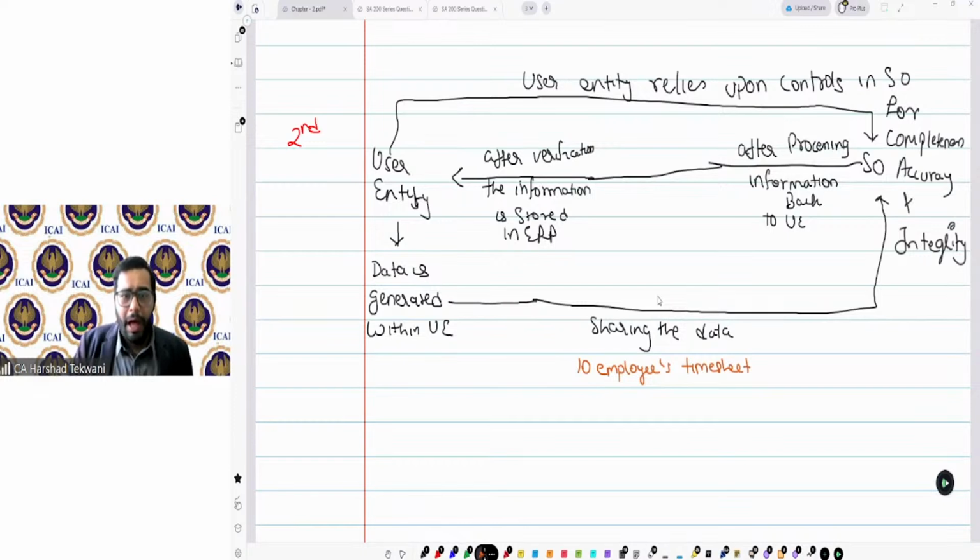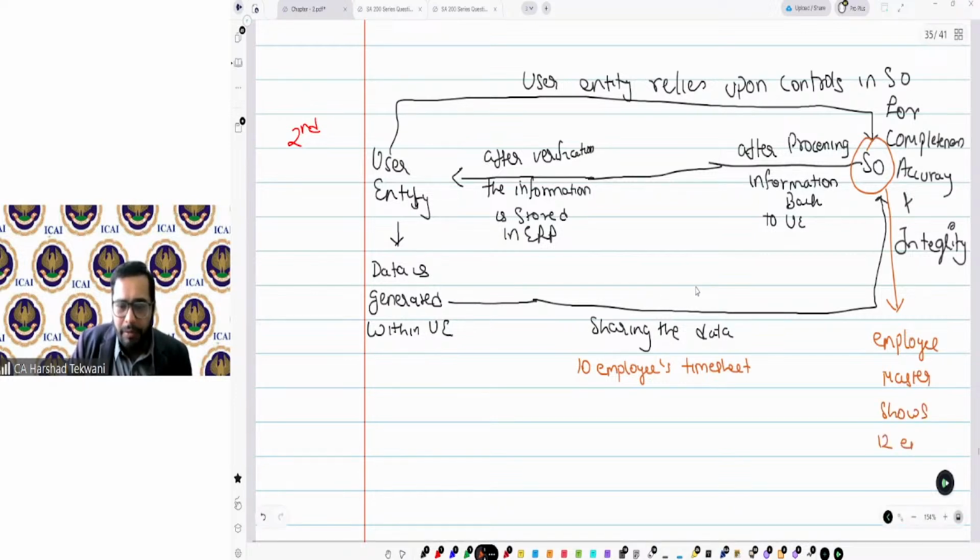Now, the service organization over here has the vendor master and employee master data. So the employee master at the service organization shows, let's say, 12 employees. The company has provided timesheets for 10.